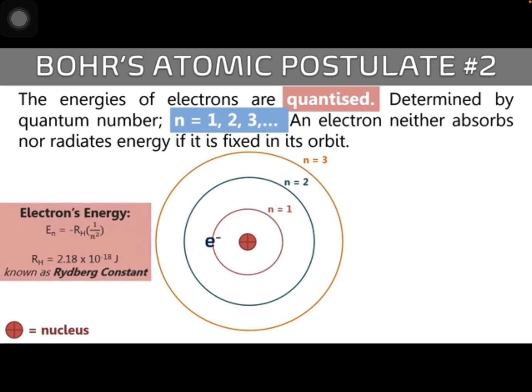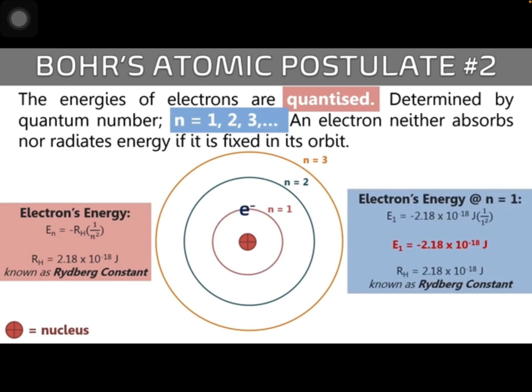Contoh n equals to 1. So kita boleh guna this formula, En equals to negative RH 1 over n to the power of 2. Masukkan dalam formula, n tu kita masukkan value at that specific level. Contoh sekarang n equals to 1. So masukkan dalam formula to find energy at that level n equals to 1.